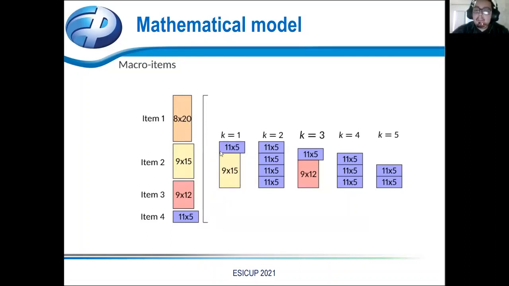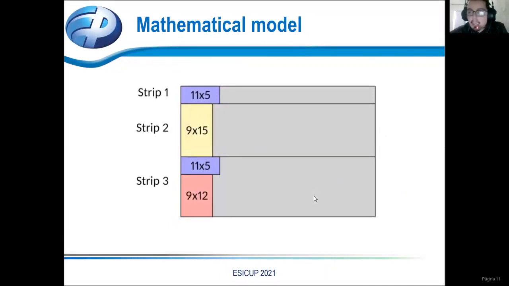So there are 5 possible combinations of the demanded items that give us 5 macro items. And these macro items, just like another regular item, can initialize a strip and be allocated side by side on each strip.